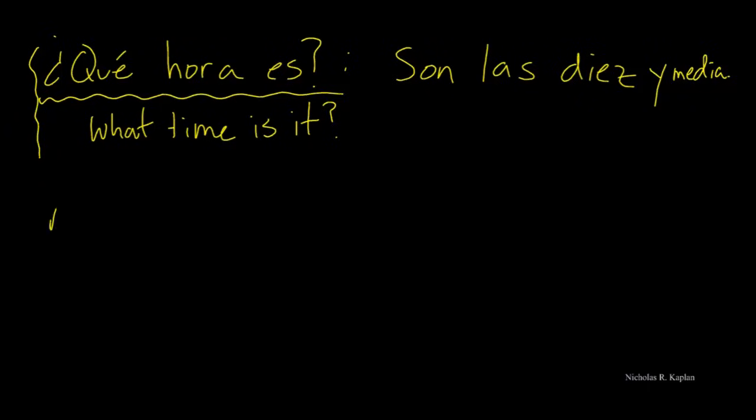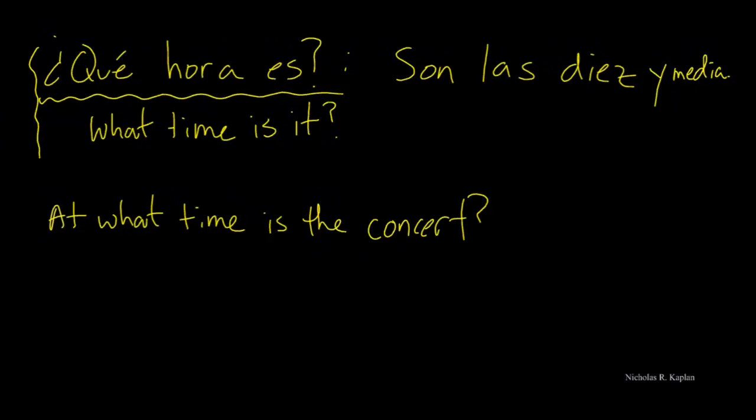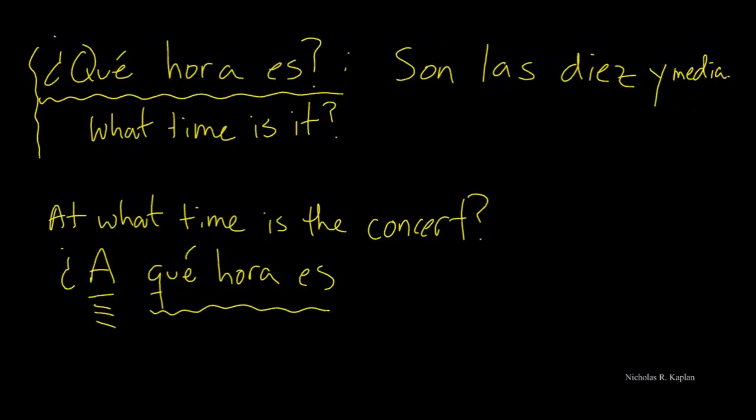So we could say, or what time is the concert at? And that question looks like, and the main difference here is we're going to put an a. So ¿Qué hora es? That's what we had before, but now we're putting at. So at what time es?